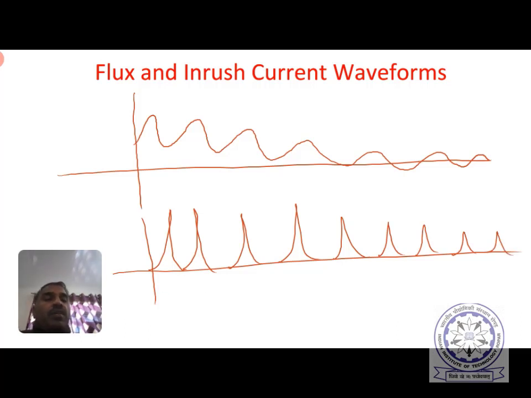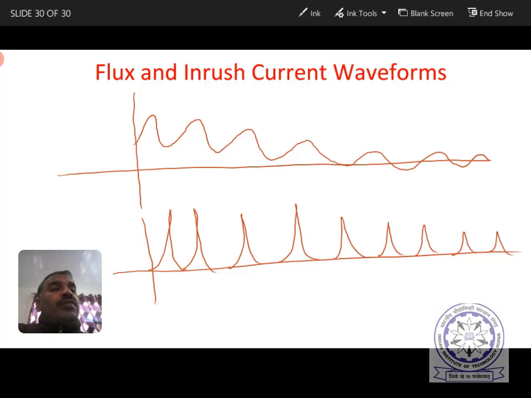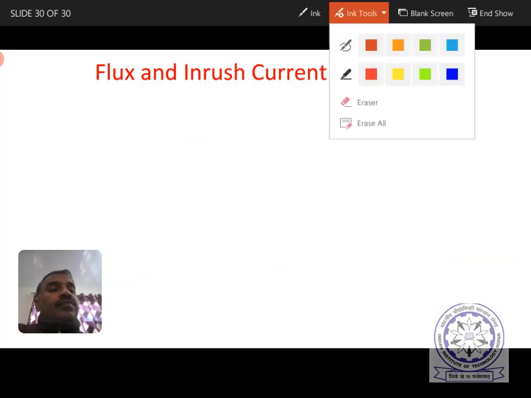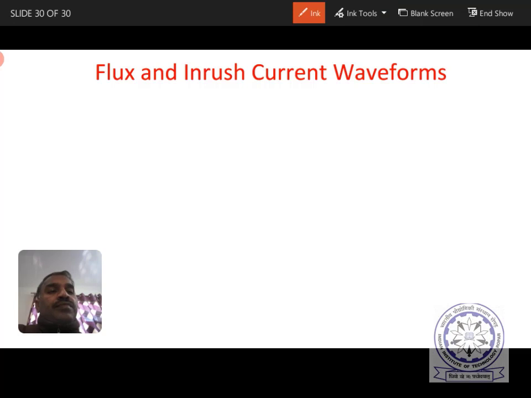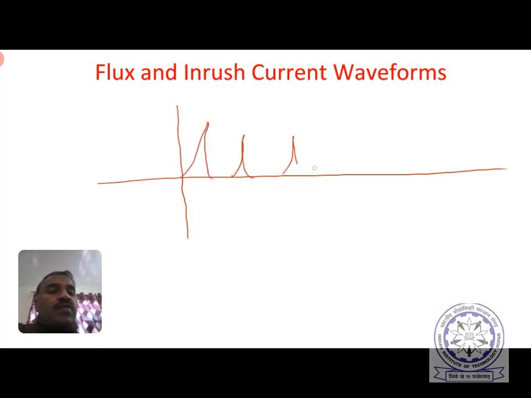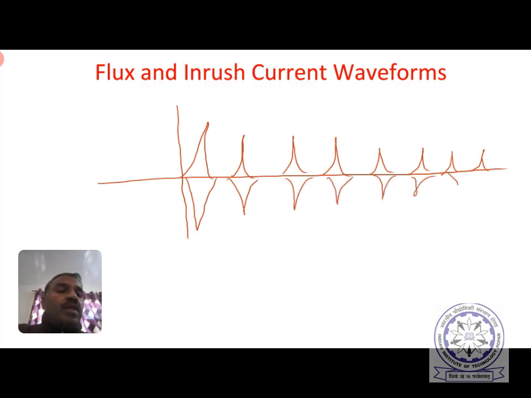And if you draw for 3 phases, if this is the inrush current in one of the phases which is decaying, the other phase could be negative like this, and the third phase could be having a small positive value like this.